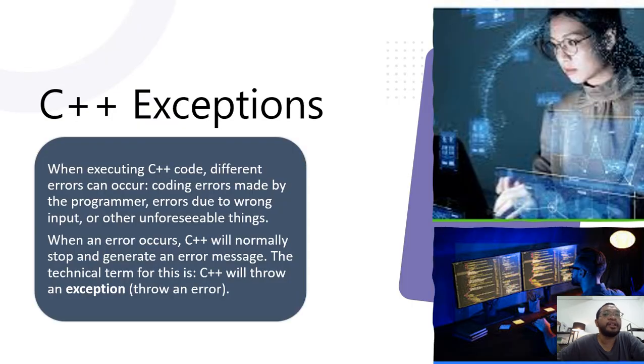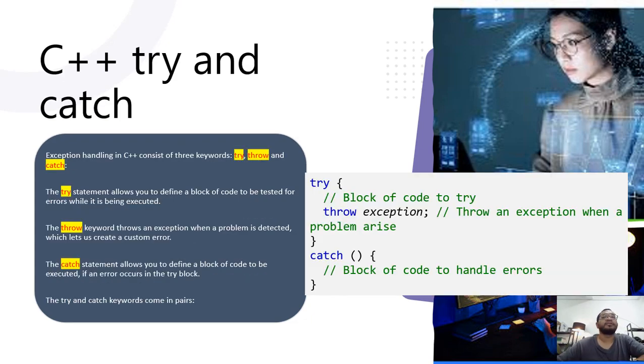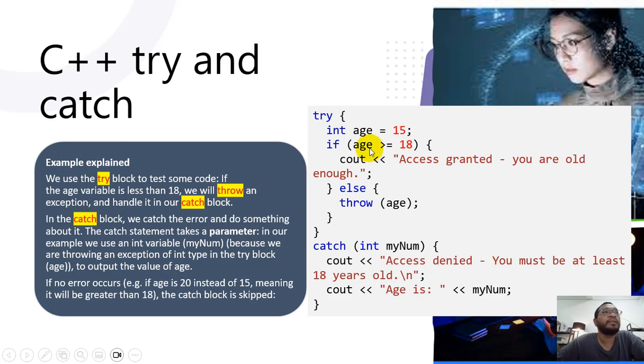Okay, exception. If you don't know the possible output of your program, you can use C++ exception. So this is the coding: try, throw exception, catch block of code to handle errors. So in case of errors, for example, try integer age equals 15.